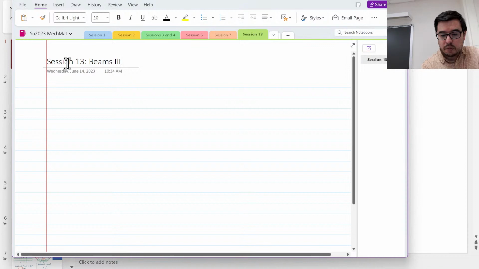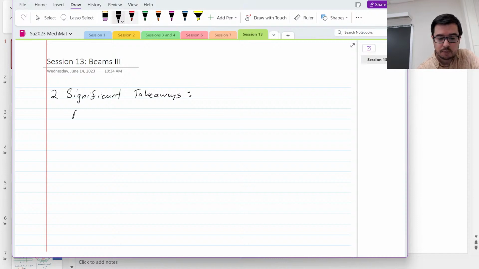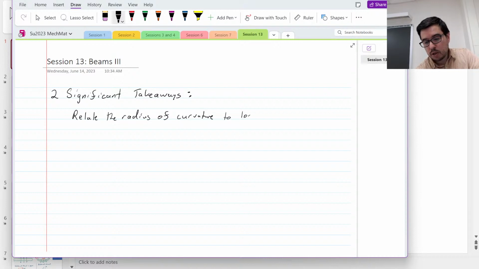And so our two big takeaways are being able to relate the radius of curvature to longitudinal strain.